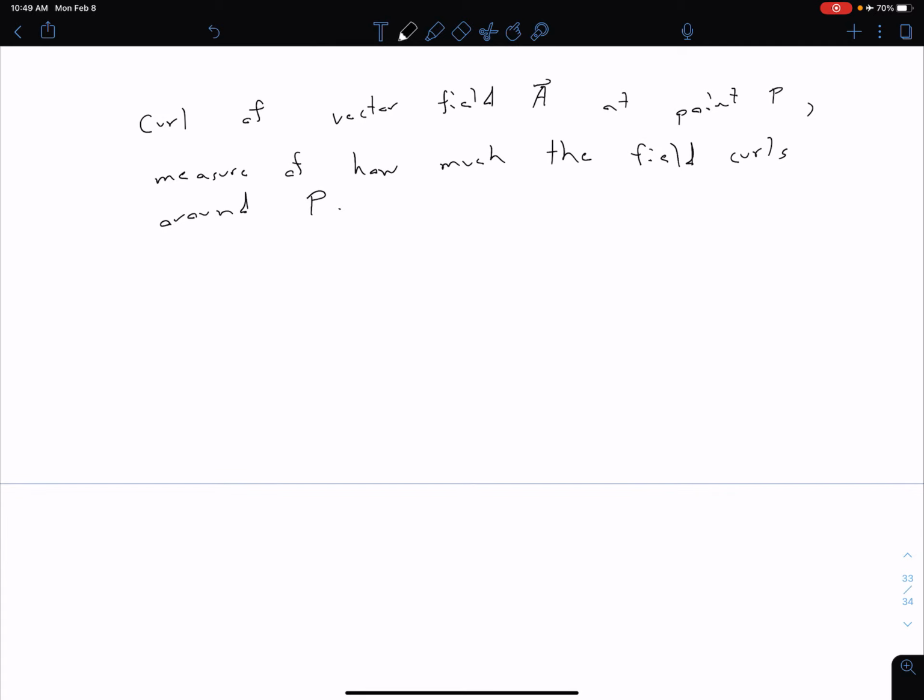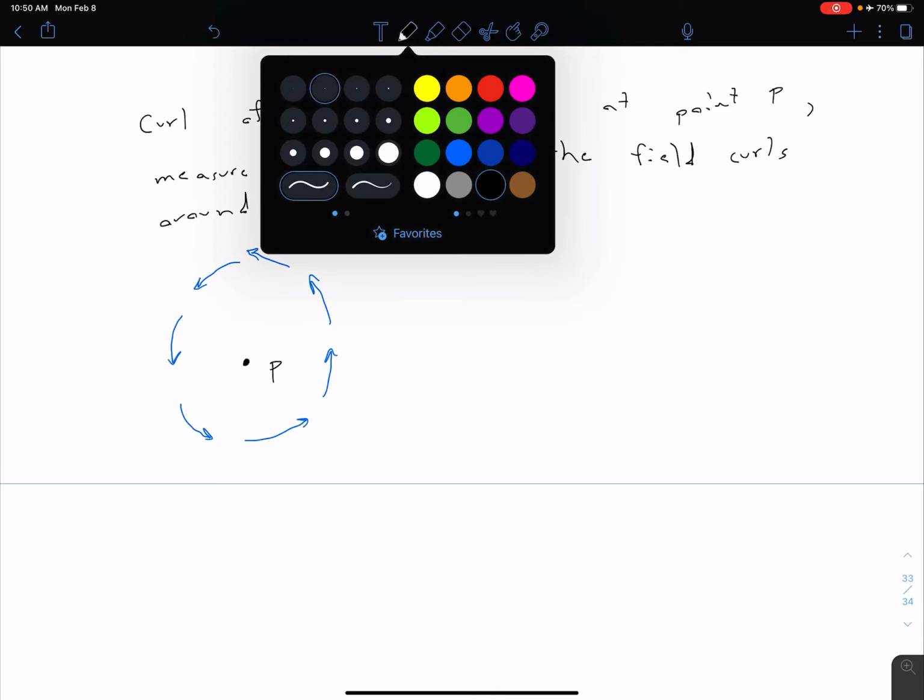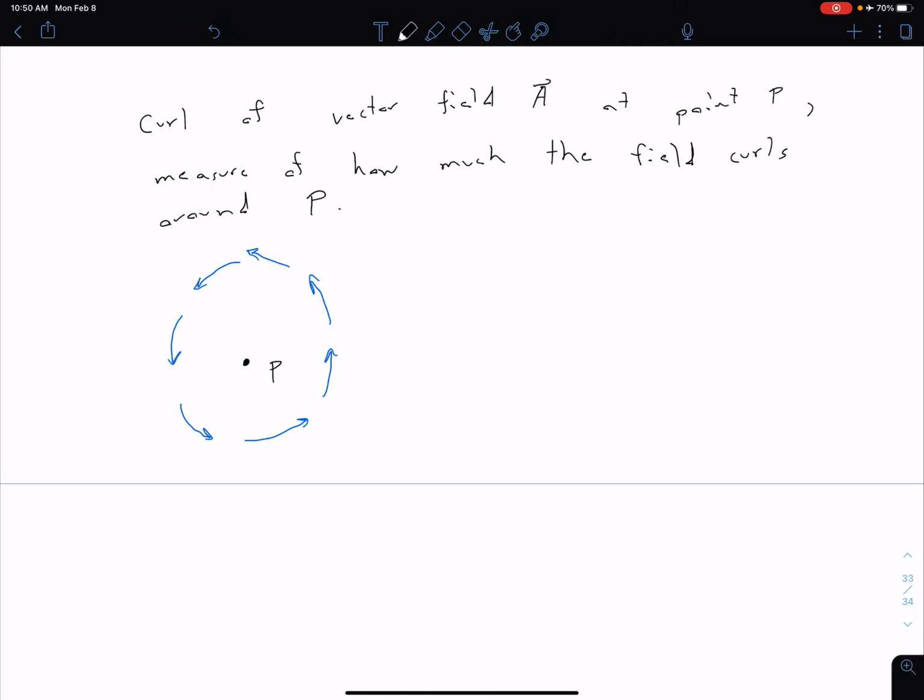Okay, so similar to what we did with our divergence, we can draw a couple of simplistic cases. So let's say we have some point P here, and around P maybe we have some vector field that's moving in this direction. So if we have something like this, then we're going to have some non-zero curl at P. And so using our right hand rule, what we would do is we would put the fingers of our right hand in line with these vectors such that they can curl in towards our surface that is enclosing P. And we see that the thumb on our right hand is then pointing up out of the page.